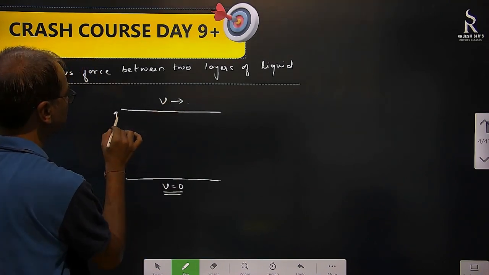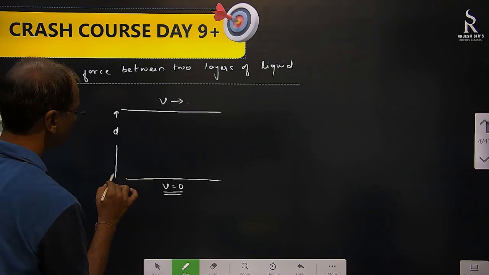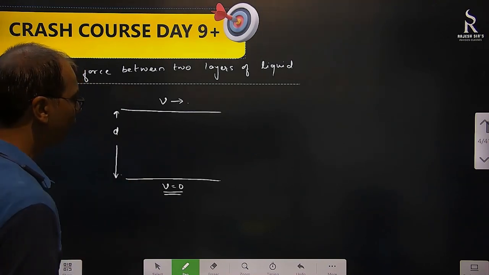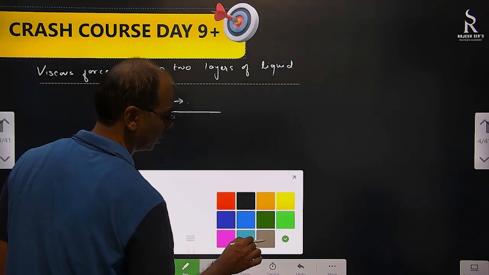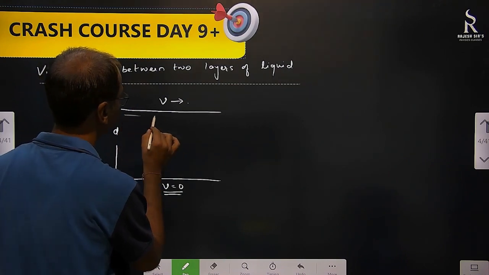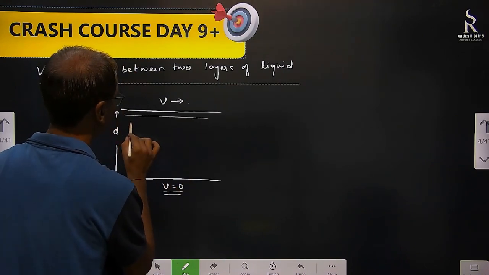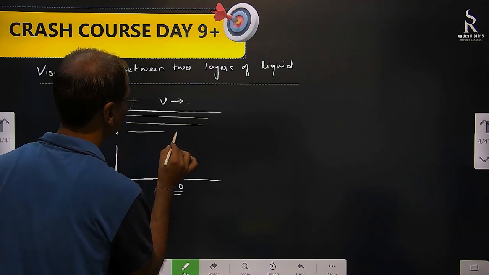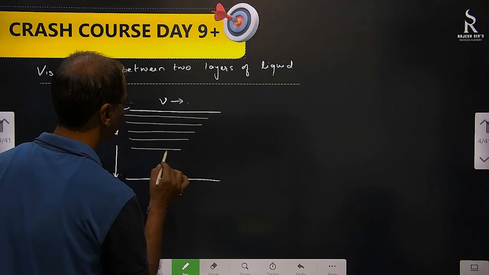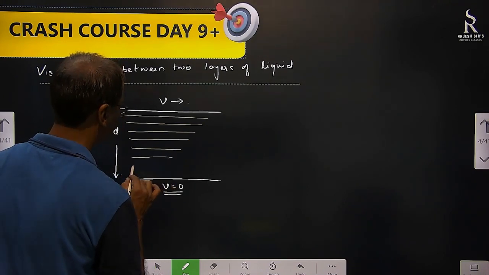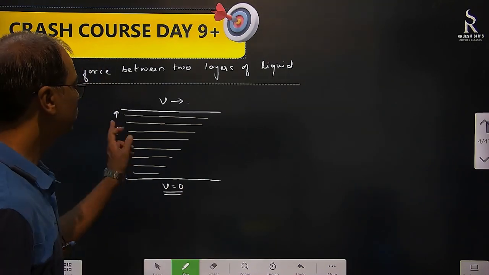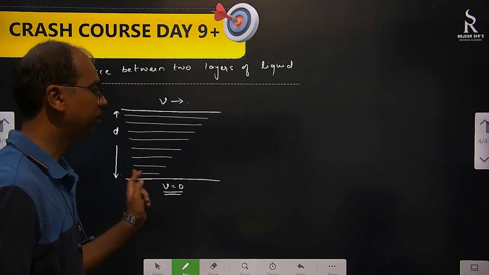Let's say this distance is D. If you make more layers, this layer will be here, its velocity will be a little less, and this one even less. Like this, as you come down, the velocity of layers keeps on decreasing. This length here represents velocity.